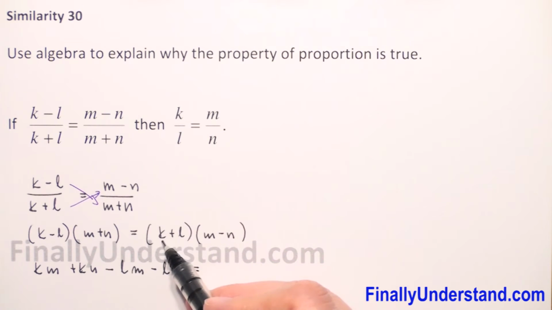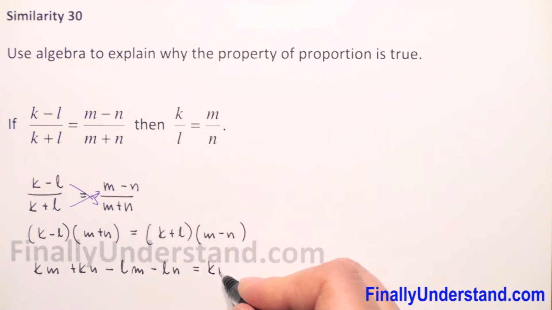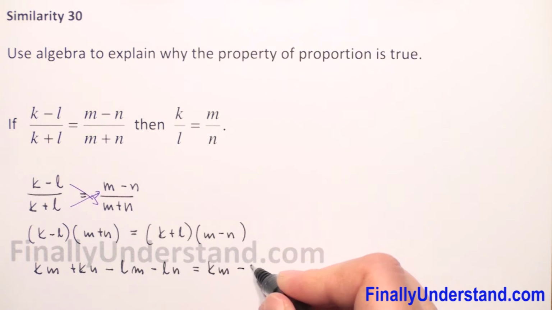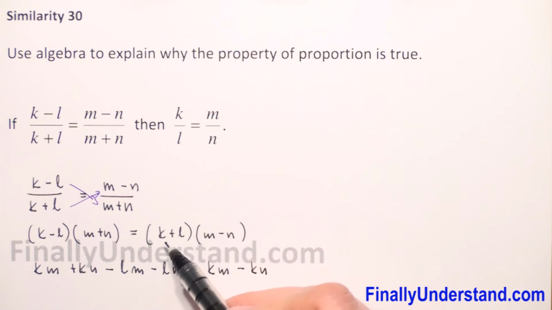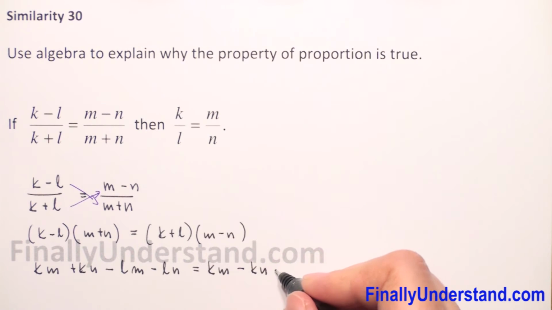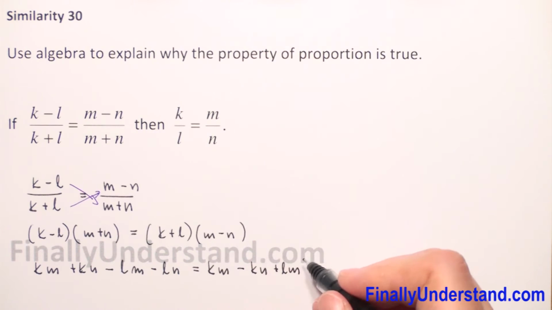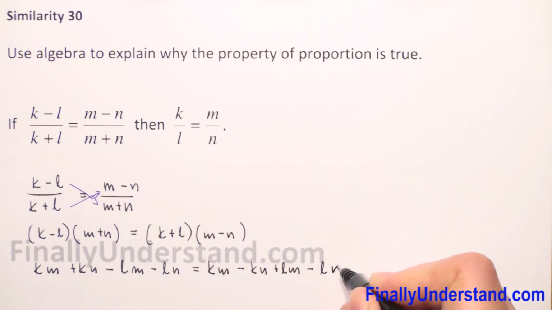This is equal to k times m is km, k times negative n, so it will be negative kn, l times m, so it will be lm, l times negative n, so it will be negative ln.